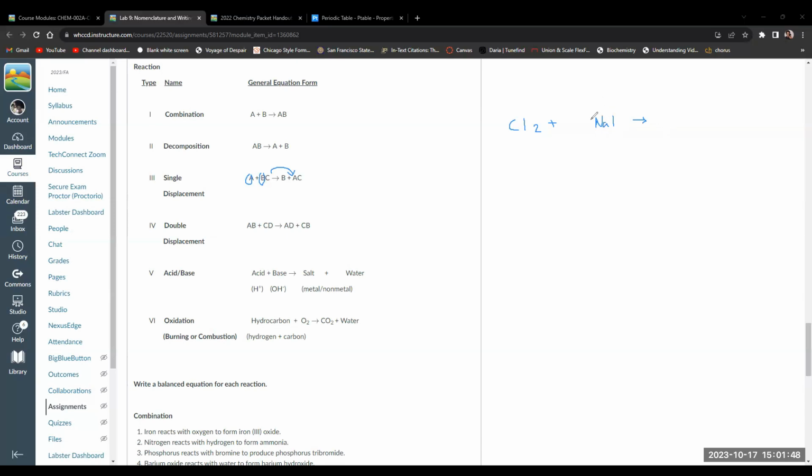So the metal is going to want to react with a different non-metal. So we get a product of sodium chloride and iodine by itself.